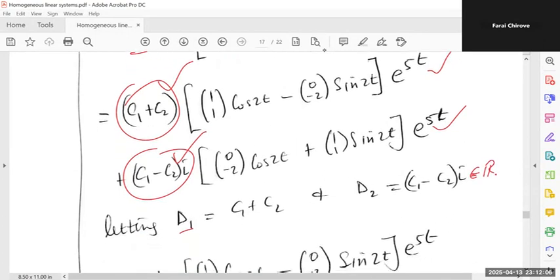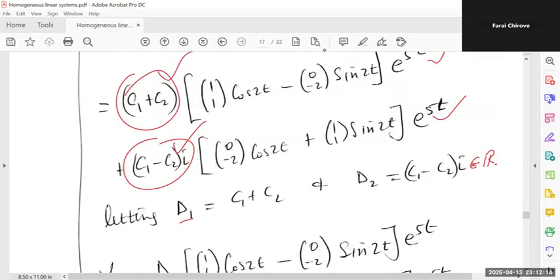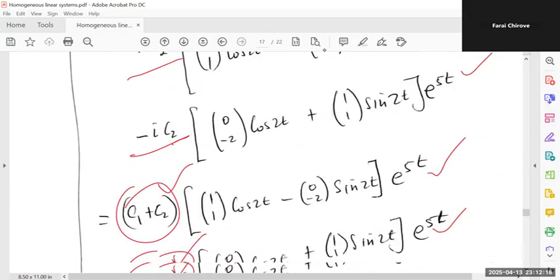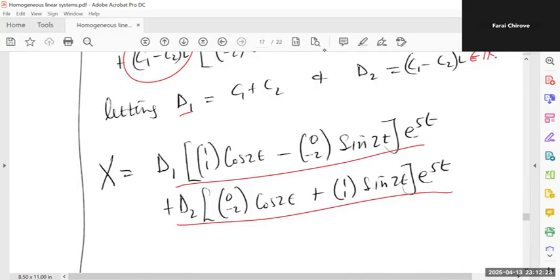Okay. So then I can rewrite the same solution, which had complex valued solutions, as a solution with real valued solutions. So the i's are gone.